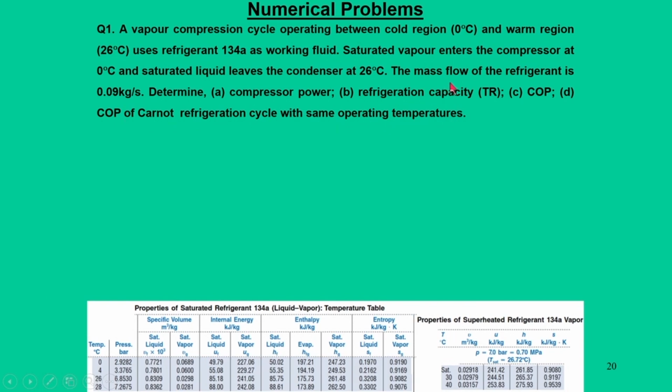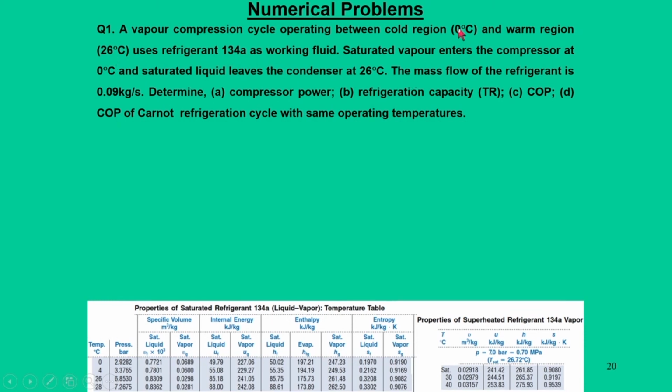Now, first I need to emphasize that here we need the property data for refrigerant 134A. So, I have taken extracts of the data from the book, and these extracts are written here. They are nothing but the property values that are required for us to solve the problems.